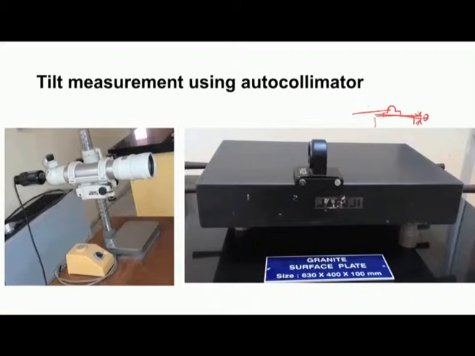In this case light will fall on the mirror, and because of this tilt it gets reflected in this path. So, this is the reflected light. This reflected light will fall on the glass scale provided inside the autocollimator, which we can read through the eyepiece.